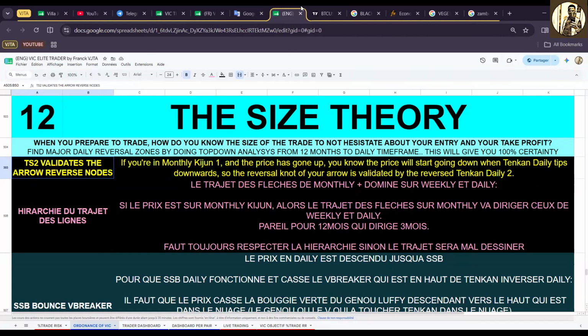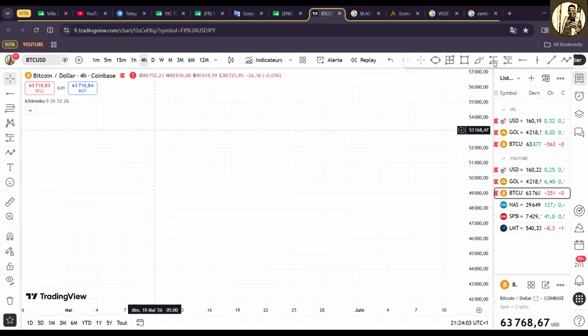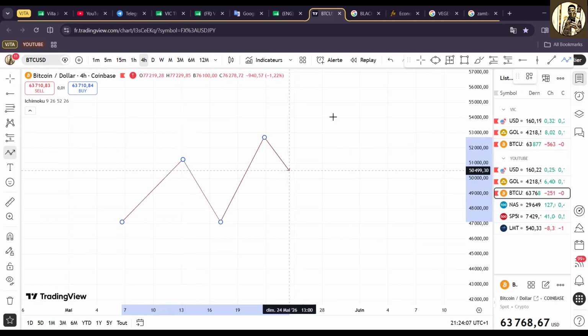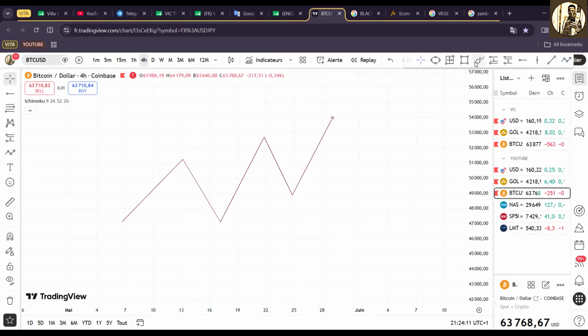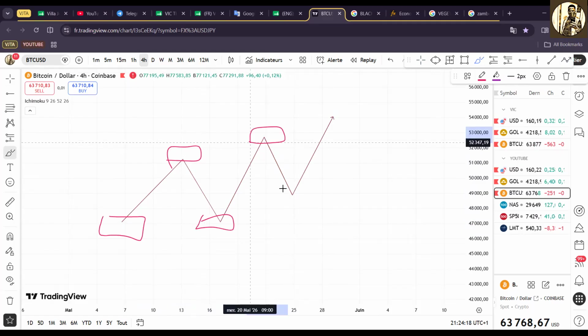What do I mean by this? First of all, you need to understand that the size theory is about drawing these arrows of where the price will go. But these arrows are drawn inside zones where the price will turn down or turn up. So that is the size theory.